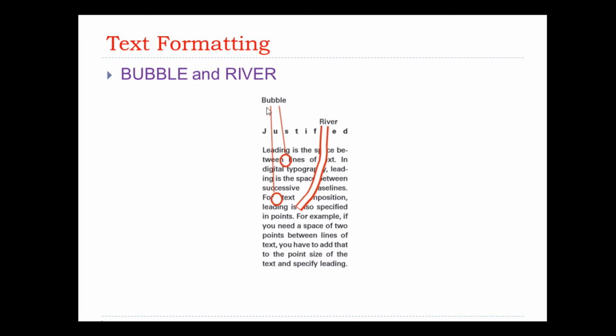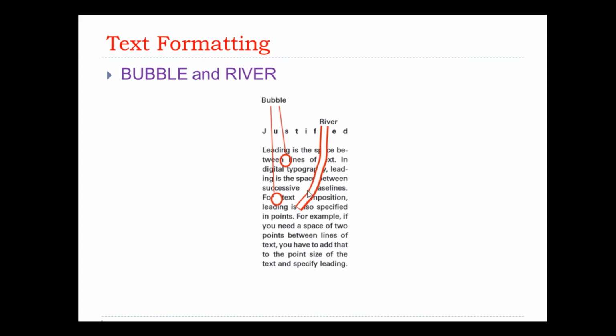It is called bubble. And right here we can see a term called river. River is a series of white spaces, which is clearly indicated right here. It is a series of white spaces or series of bubbles making an ugly white line appearance across a paragraph.